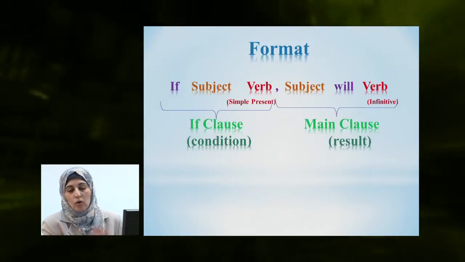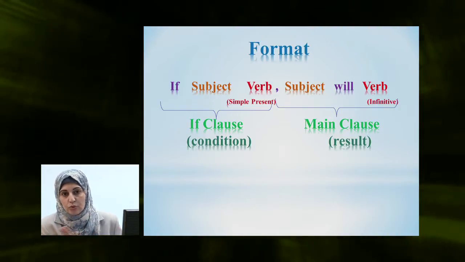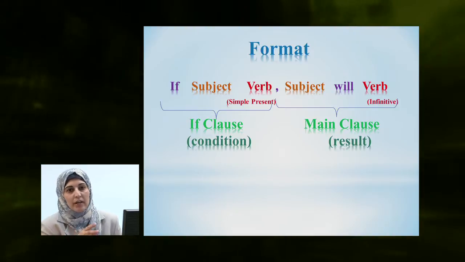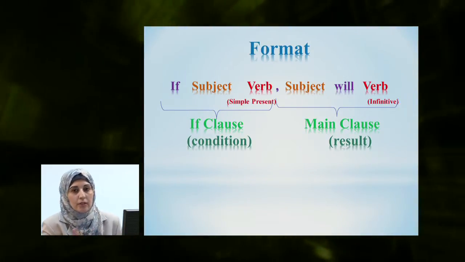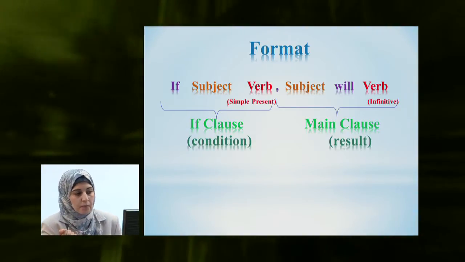Let's talk about the format of conditional type 1. In all conditional types, you have for sure two clauses. The first one is the if clause, which is marked by if and contains the condition, and the main clause, which contains the results of this condition.